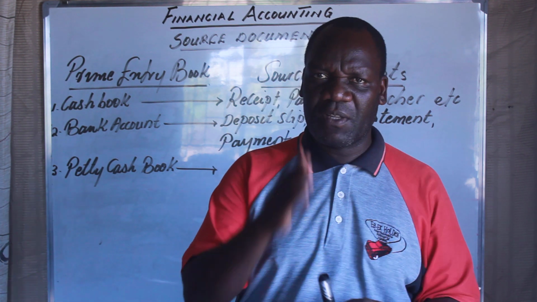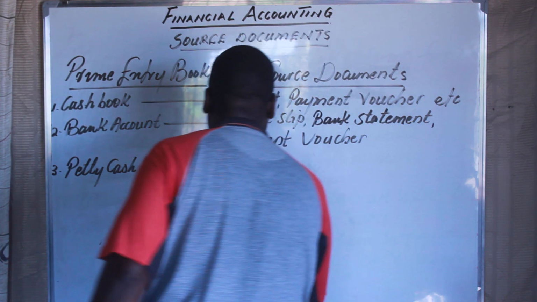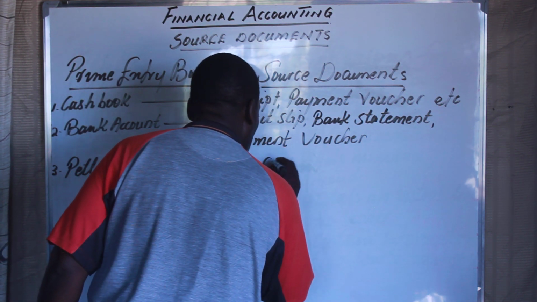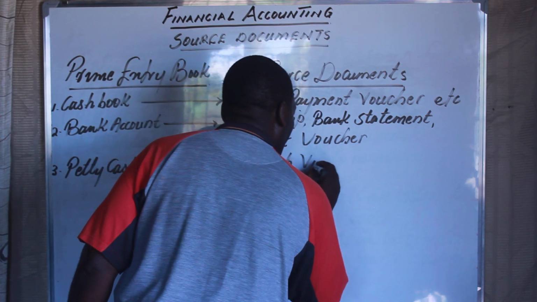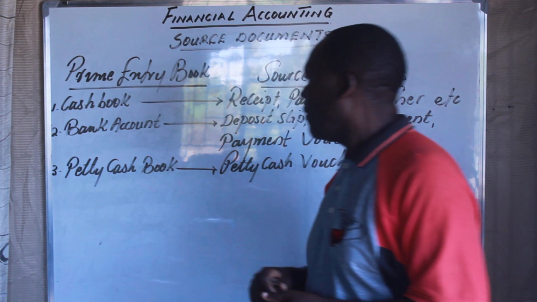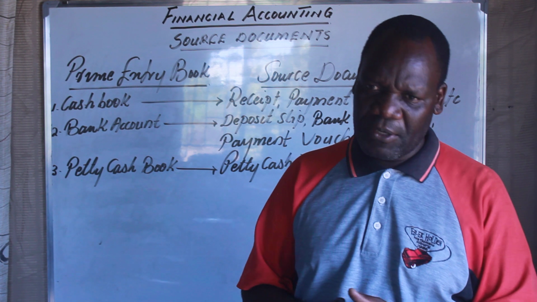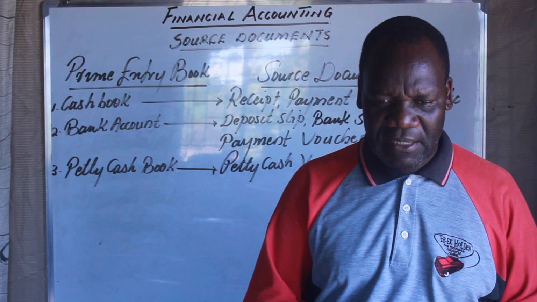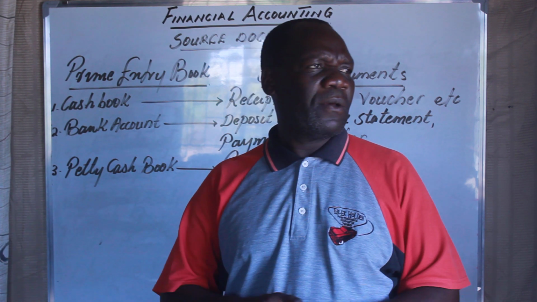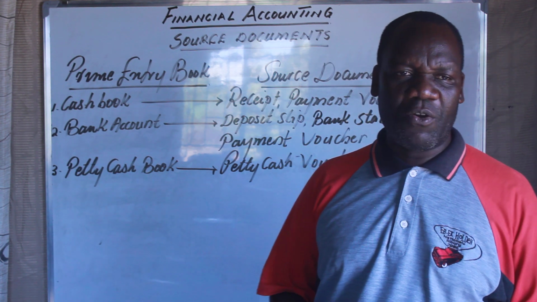The source document for the petty cash book is the petty cash voucher. When petty cash has been used, there should be accompanying vouchers to show that petty cash has been used for this purpose. Okay, the fourth one is the purchases journal.